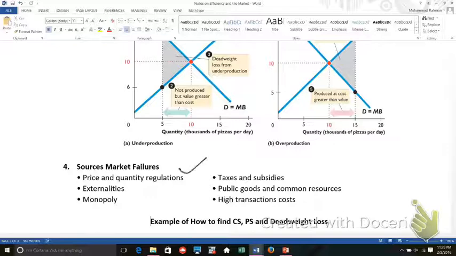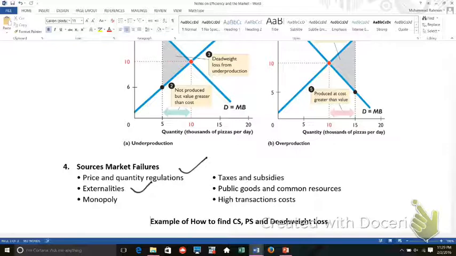Well, the first candidate is obviously price and quantity regulations, where government sometimes controls the price, puts a price ceiling or price floor. Government sometimes regulates the quantity of some goods, like some illicit drug that the government wants to control. These can lead to overproduction and underproduction, and hence create inefficiency and market failures.